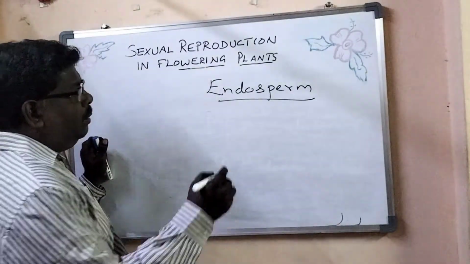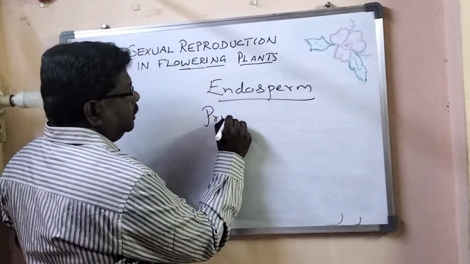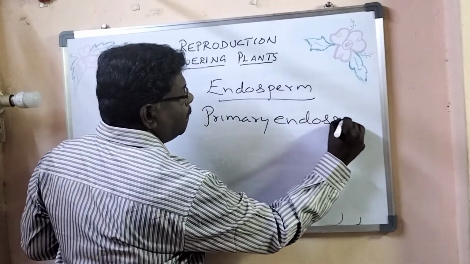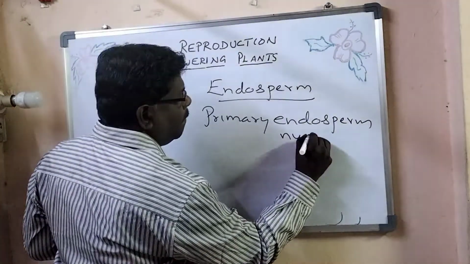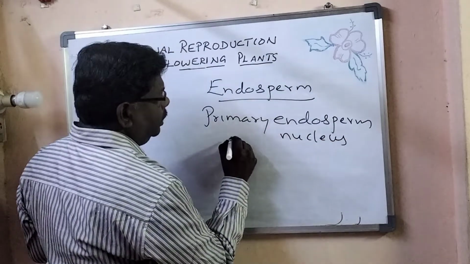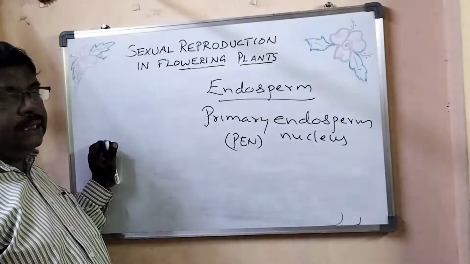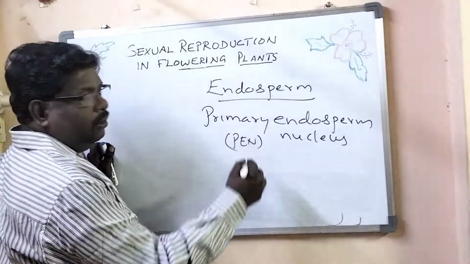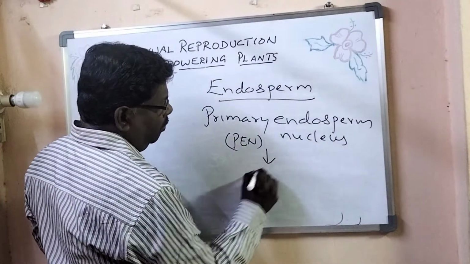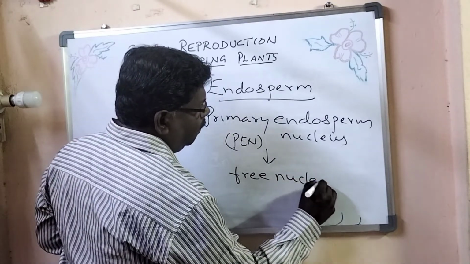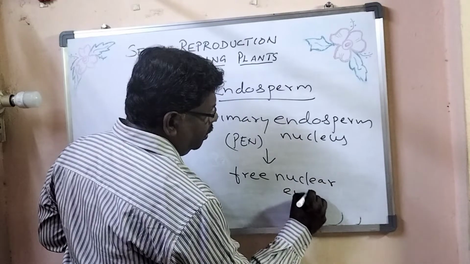Similarly, the primary endosperm nucleus, shortly known as PEN, undergoes successive divisions to form free nuclear endosperm.